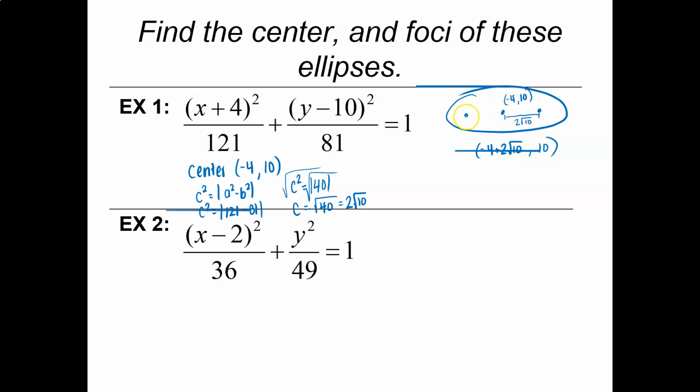And if I wanted to find the other focus on the other side, what would it be? (-4 - 2 root 10), and then the y coordinate would just stay 10 there. You can write it this way: (-4 plus or minus 2 root 10, 10). If you would like, you could put them together there and just use a plus or minus.